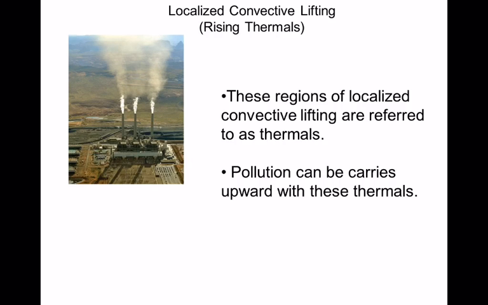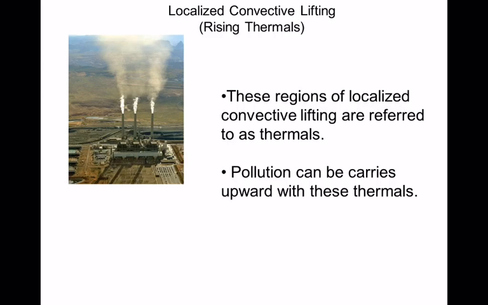So I think the video we watched mentioned these thermals. That last one, the localized convective lifting mechanism, can be good if you're trying to clear the air, to get rid of your pollutants. Thermals create what we call an upward gradient.